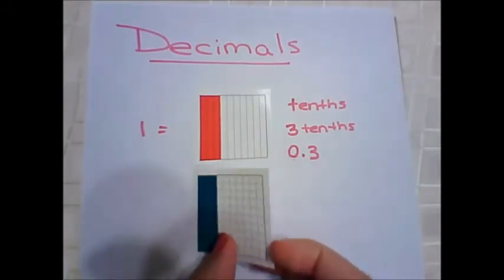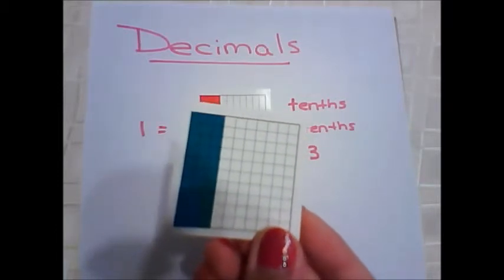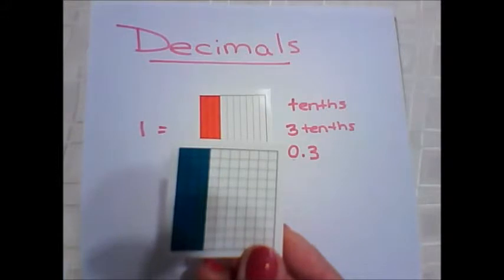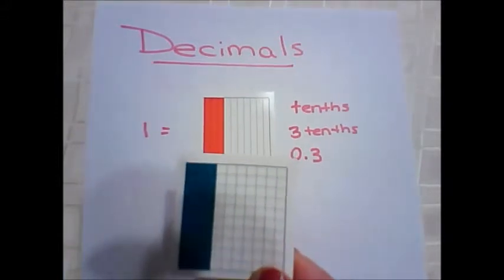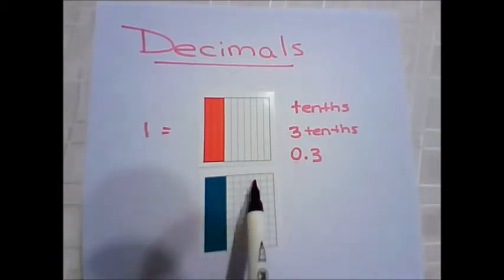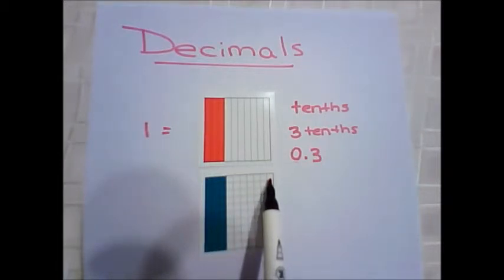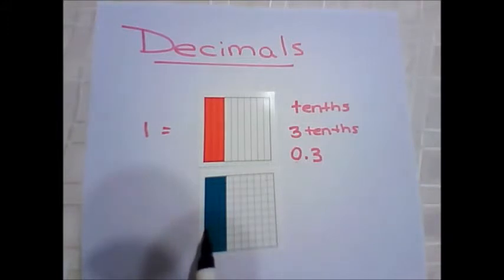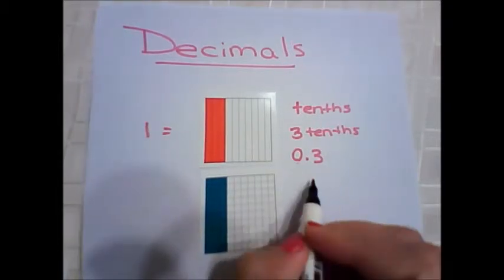How many pieces has this unit been chunked up into? They're all pretty even looking squares inside the square. Well, let's look. I have 1, 2, 3, 4, 5, 6, 7, 8, 9, 10 columns by 1, 2, 3, 4, 5, 6, 7, 8, 9, 10 rows. So that is 100. Guys, these are called hundredths.